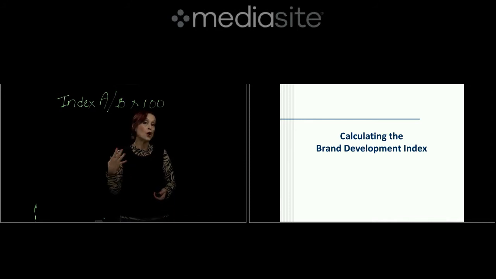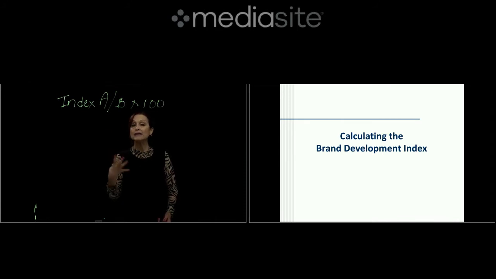So geographic development analysis is the specific index calculation to understand how well a brand or product category is doing in a specific region. The resulting calculations are specifically called either a brand development index or a category development index.